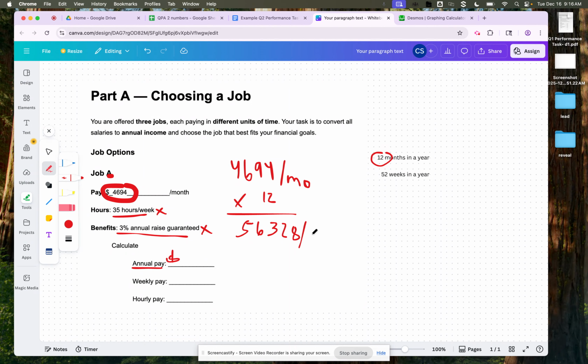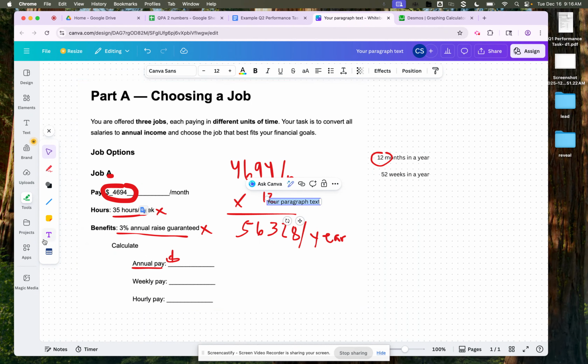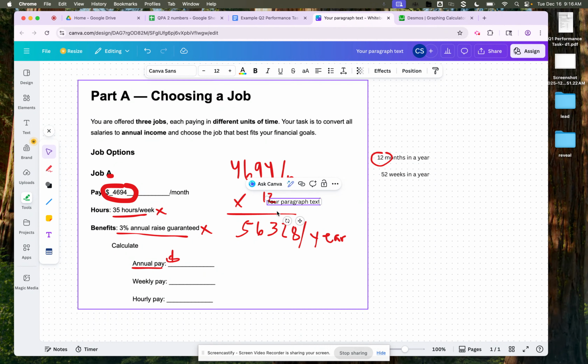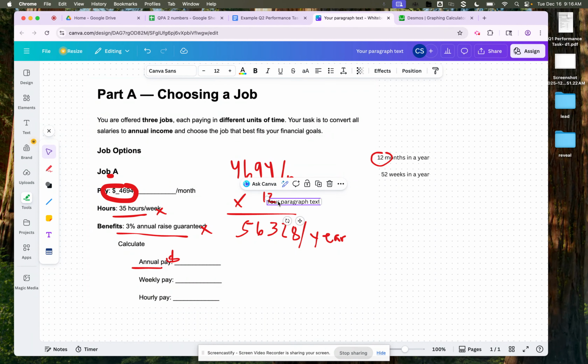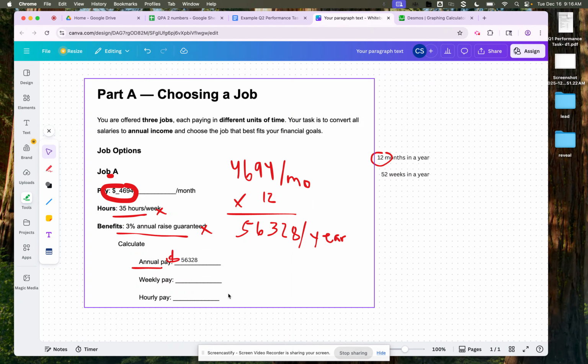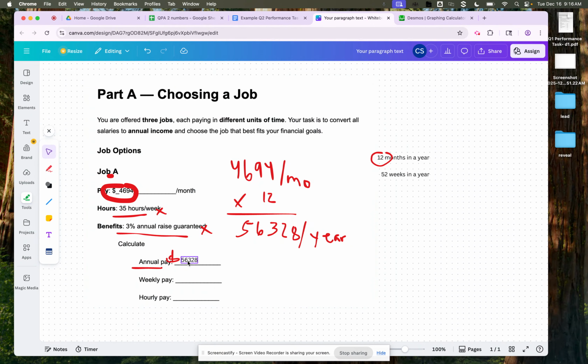I'm just going to label that per year. Make sure I'm putting my dollar sign.